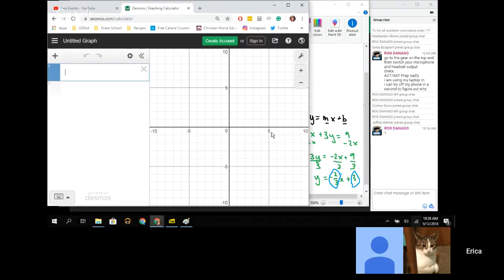You guys see that? Well, I'm not writing anything now, so you can't really see it. So then if I go and check it on my graphing calculator, there we go. So here's my y-intercept, right? And here's my slope. I rise negative 2, run positive 3.